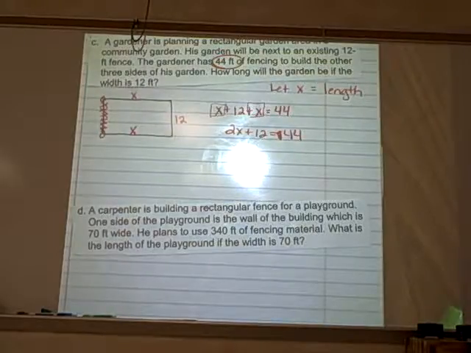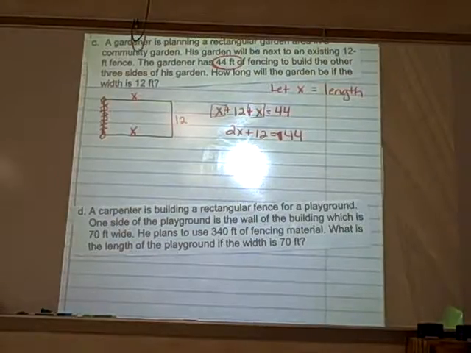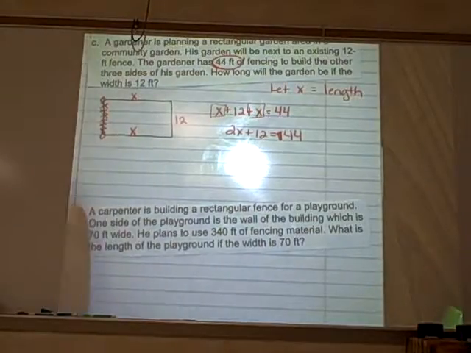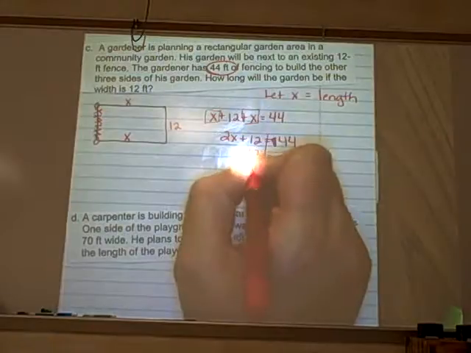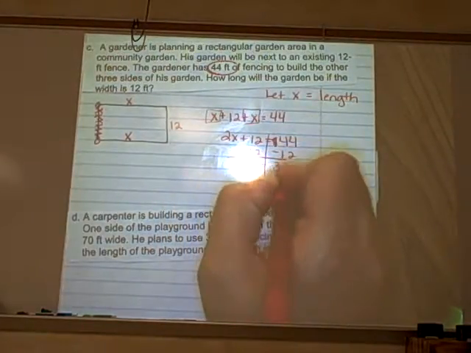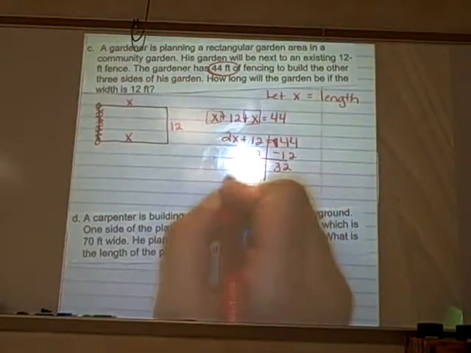You guys have done problems like this in junior high, but you didn't necessarily have an equation to go with it. It didn't work out quite exactly like this, but you logically figured them out. This is just the equation, the math behind it all. You should get 2x equals 32, and then we divide by 2.